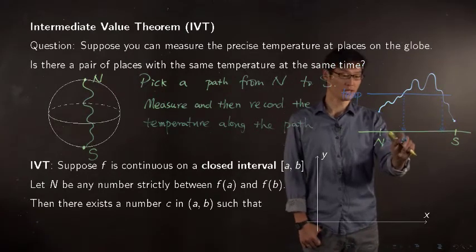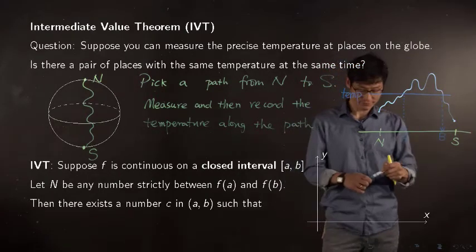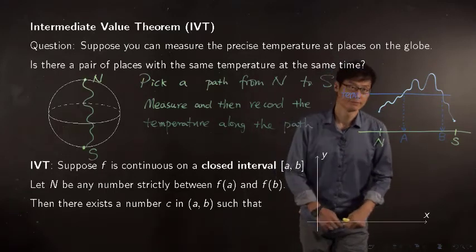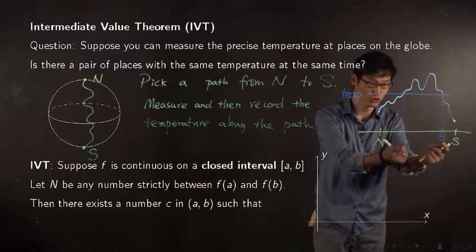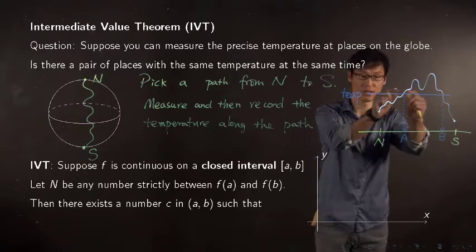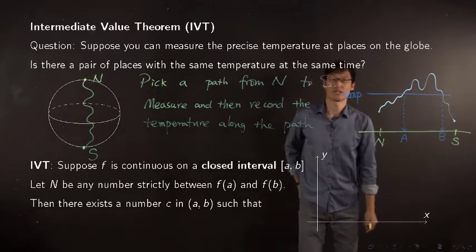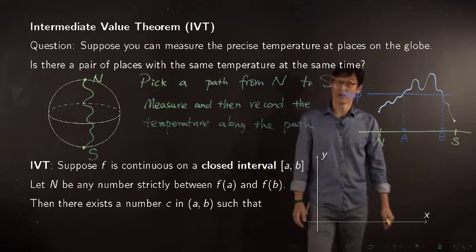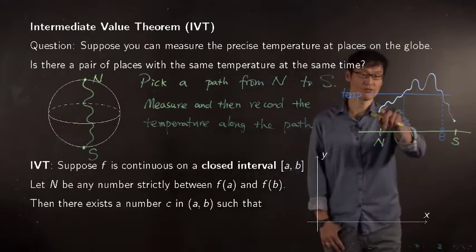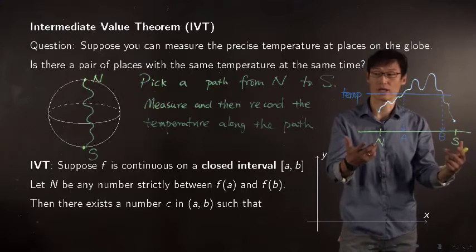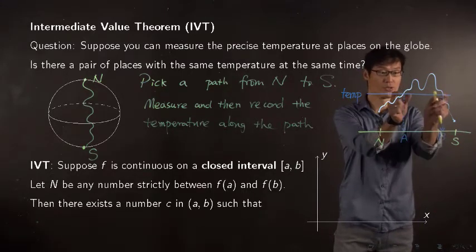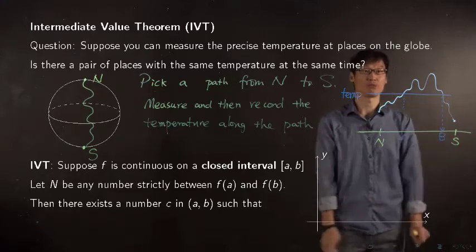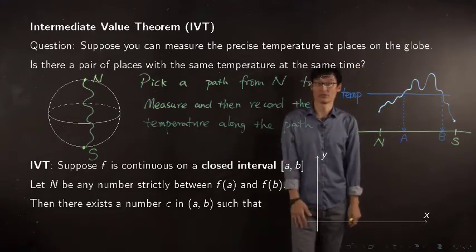Look at this, place A, place B. You can find the temperature so that two places have exactly the same temperature. Okay, so bottom line is continuity. We are assuming the graph of this temperature is continuous. Then you can find the temperature so that two places have exactly the same temperature like this. That's the idea of intermediate value theorem.